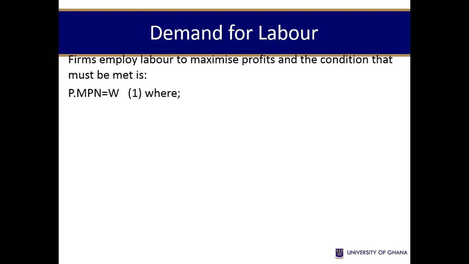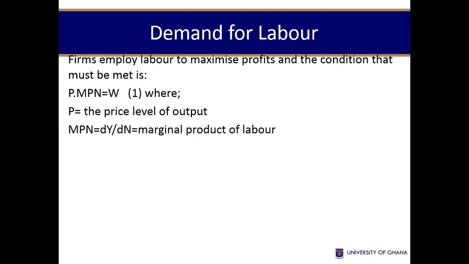So this condition must be met: the marginal revenue product of labor should be the same as the money or nominal wage. Let's take this as equation one. Here P is the price level, MPN is our marginal product of labor, which is derived as dY/dN, differentiating the production function with respect to labor, and W is the money or nominal wage.